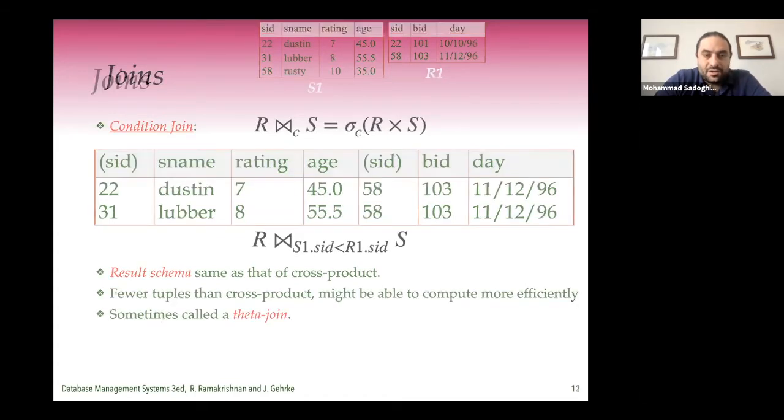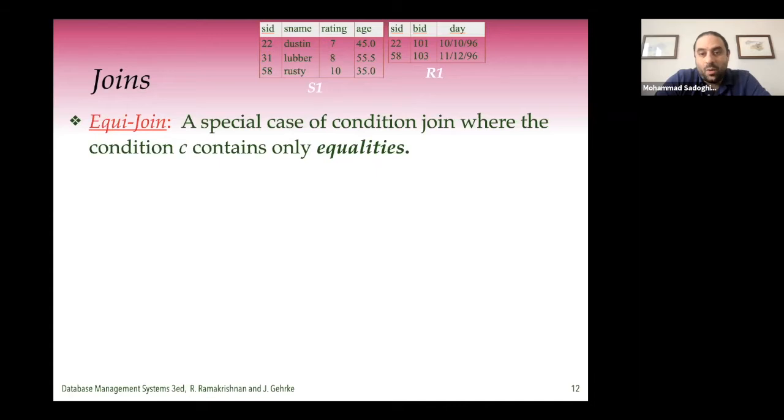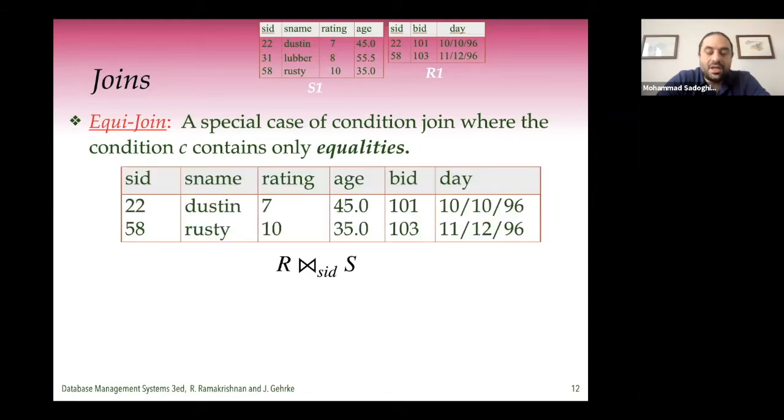We also looked at equi-joins, which are basically equality. You do a cross product, but then filter out any combination for which the SID equality does not hold. So you can think of it as the brute force cross product followed by filtering.